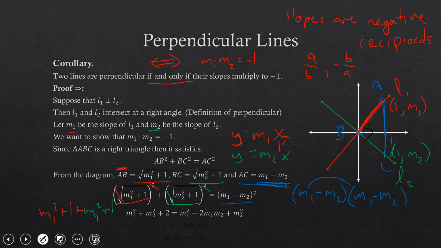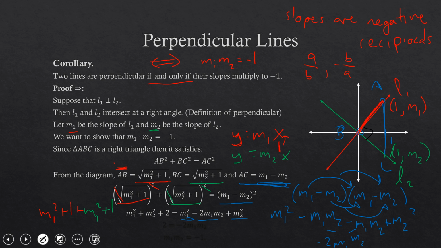And we are going to multiply m1 times itself and m1 times minus m2, so that gives us m1 squared minus m1 m2. And then the other way, minus m2 m1, so that's again minus m1 m2. And then minus m2 times minus m2 is plus m2 squared. So these two middle terms combine, gives us minus 2 m1 m2, as you can see here. And there's m1 squared and m2 squared.